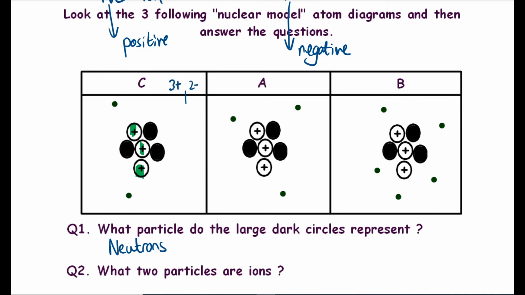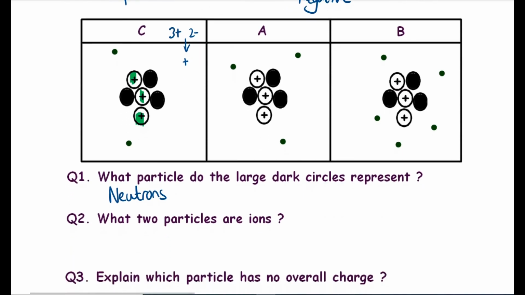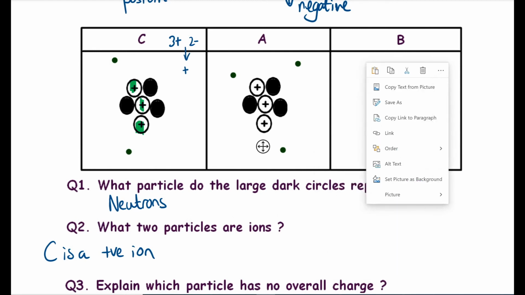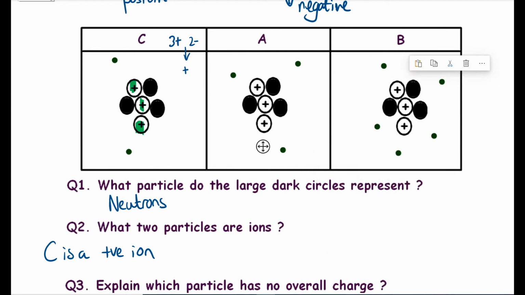So that means that it's got an overall charge of +1. So C is a positive ion. If we look at A, you've got 3 protons and 3 electrons, cancels out. It's not an ion, it's an atom.